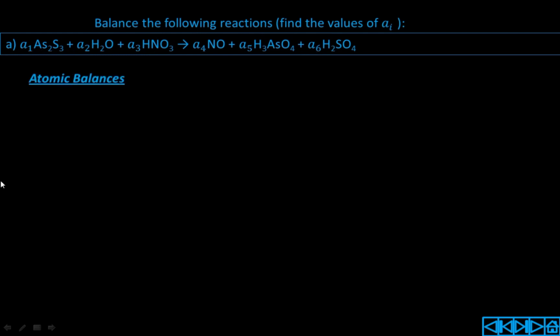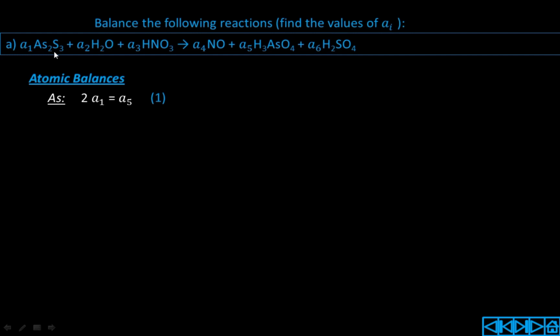First we write the atomic balance for the arsenic atom. We have two atoms of arsenic for stoichiometric coefficient A1, and we have no more in the reactant, and further we have just one arsenic atom for stoichiometric coefficient A5. We call it equation 1. Same procedure we follow for the sulfur atom.